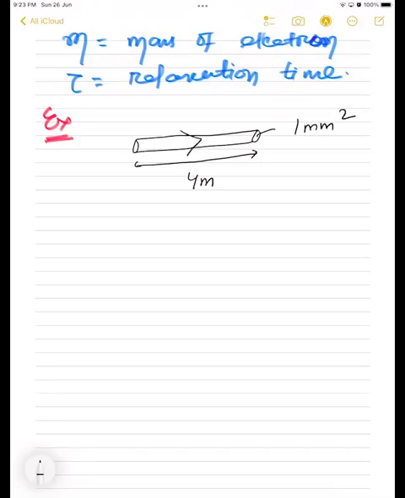And how much current is flowing in that? 2 ampere. Let's say 2 ampere current is flowing, right? In the question, this is the physical dimension of the wire. Length is 4 meter, area of cross section is 1 meter square, and current flowing is 2 ampere, right?